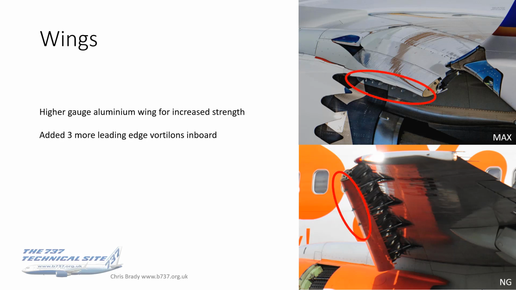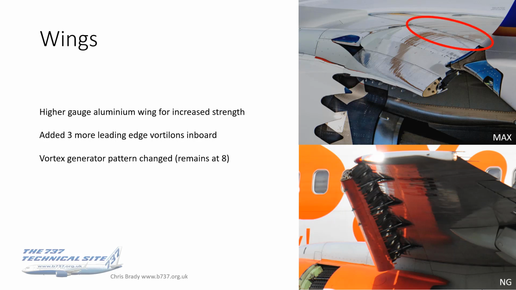You've got 3 more leading edge vortilons inboard of the original 3, and the lower picture shows the 3 that we've got on the NGs. The upper picture you can just about make out a row of 6 of them there, all for sound aerodynamic reasons. The vortex generator pattern has changed, but there are still 8 of them.